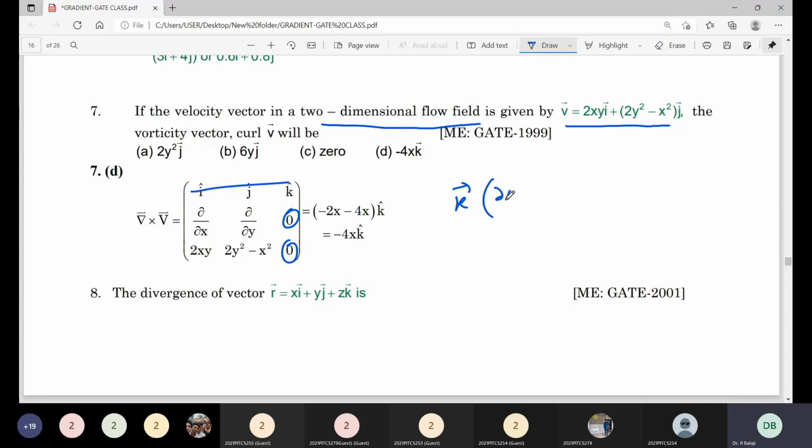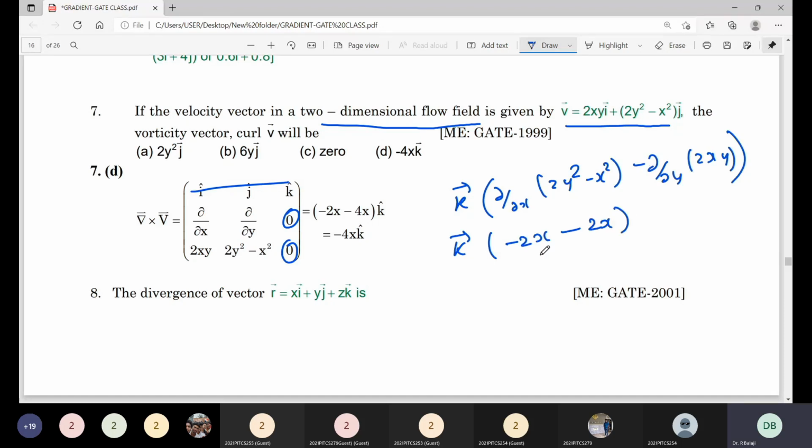Then ∂/∂x of (2y squared minus x squared), minus ∂/∂y of (2xy). Now k vector into minus 2x, this minus is here, then minus 2x, which is k vector into minus 4x, equal to minus 4x k vector. Minus 4x k vector is the answer. So option D is the correct answer.